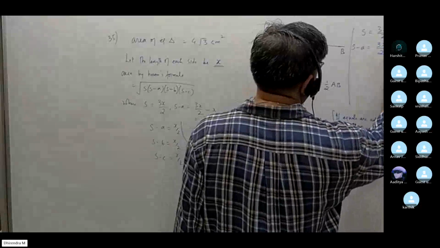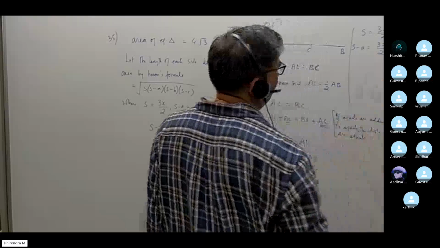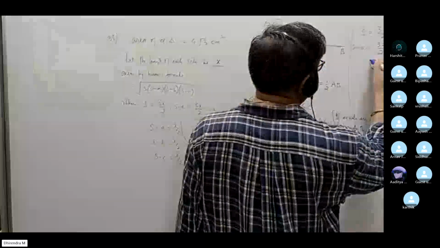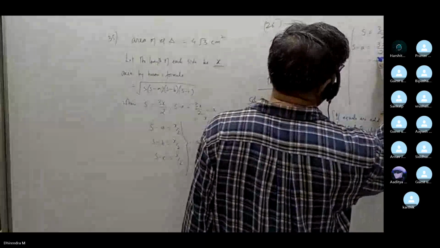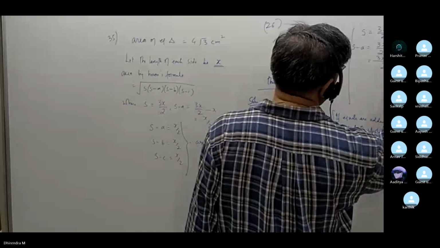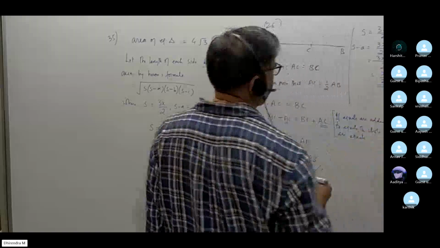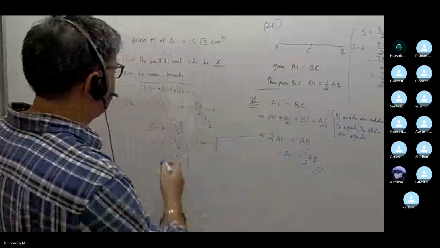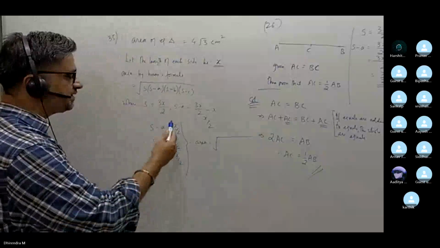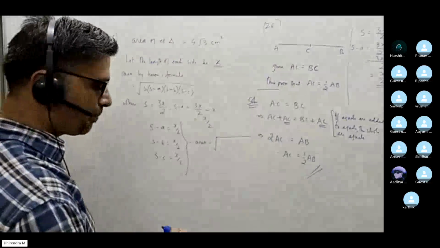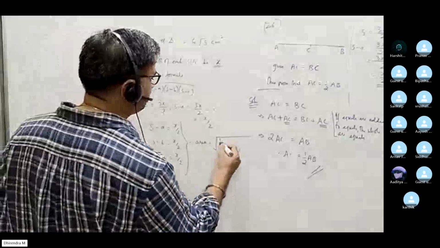S minus A is equal to 3X by 2 minus X. If you take the LCM 2, it is 3X minus 2X, and that is equal to X by 2. So S minus A, S minus B, S minus C, everything is the same, X by 2.